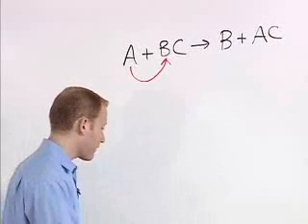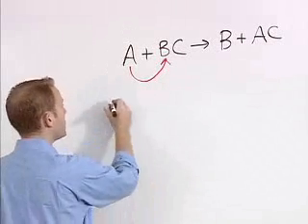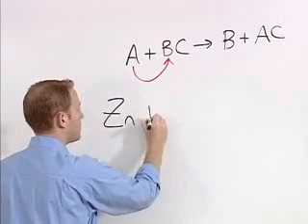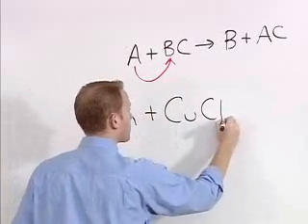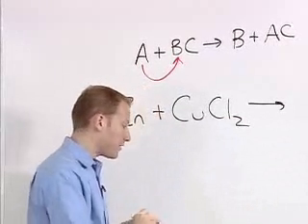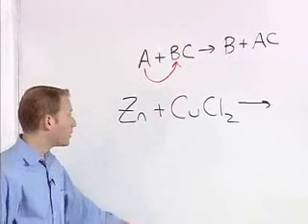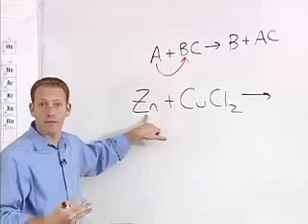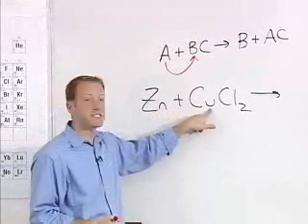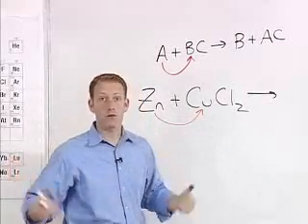And I'm going to give a real-life example to show you what I mean here. Let's say we take zinc plus copper chloride, and you want to know what's produced. Well, in order to do a single replacement reaction, you have to know if the metal zinc will replace the metal copper. Will zinc replace copper? Who knows? Well, you do.